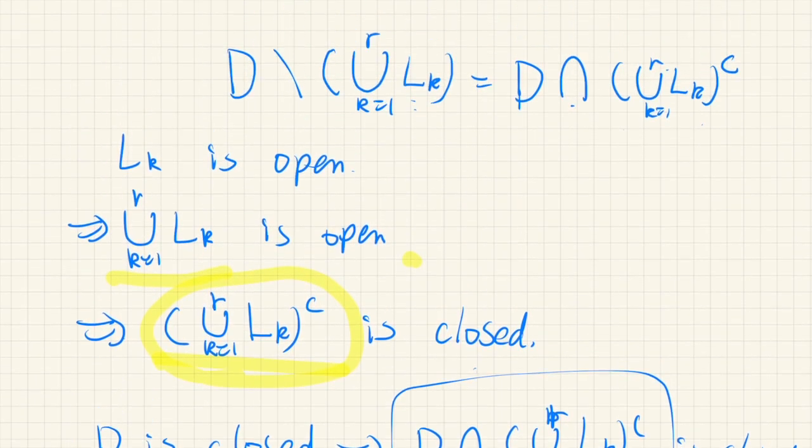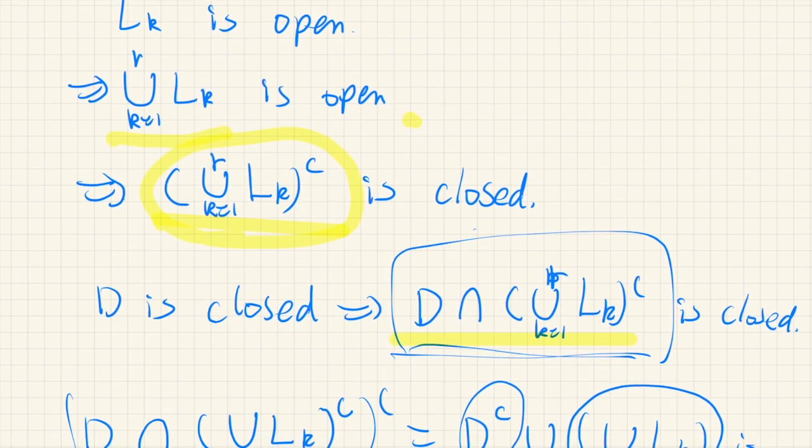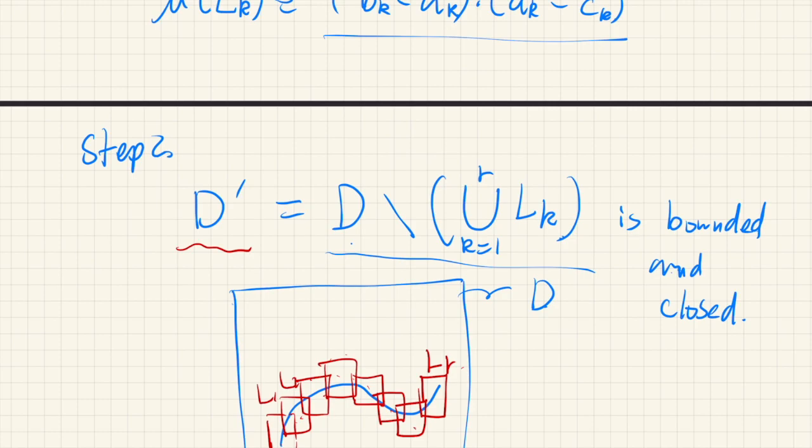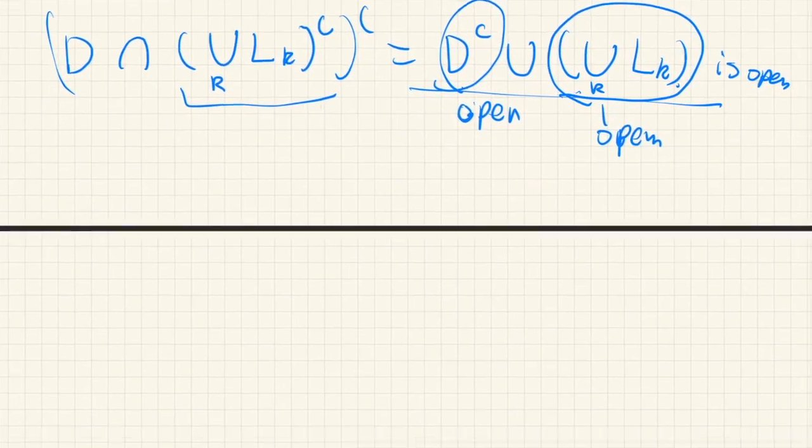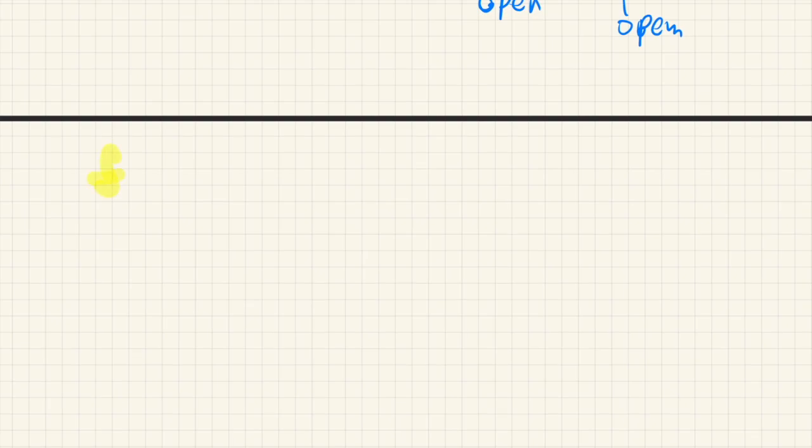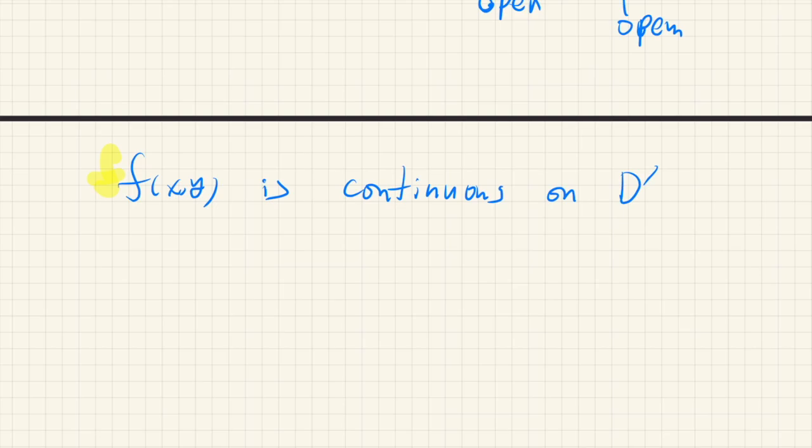Now, this D prime does not include the points at which the function is not continuous. That means the function f of x, y is continuous on D prime, which is closed.